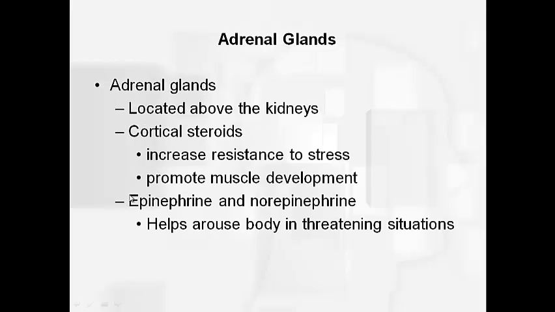The adrenal glands, again, are related to the fight or flight mechanism that we have discussed previously. They release corticosteroids, which increase resistance to stress, promote muscle development, and stimulate the body, right, the epinephrine and norepinephrine.